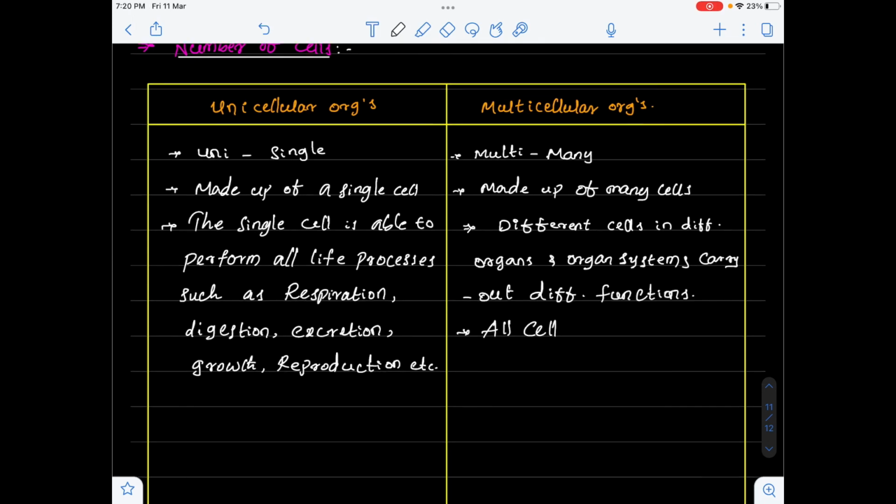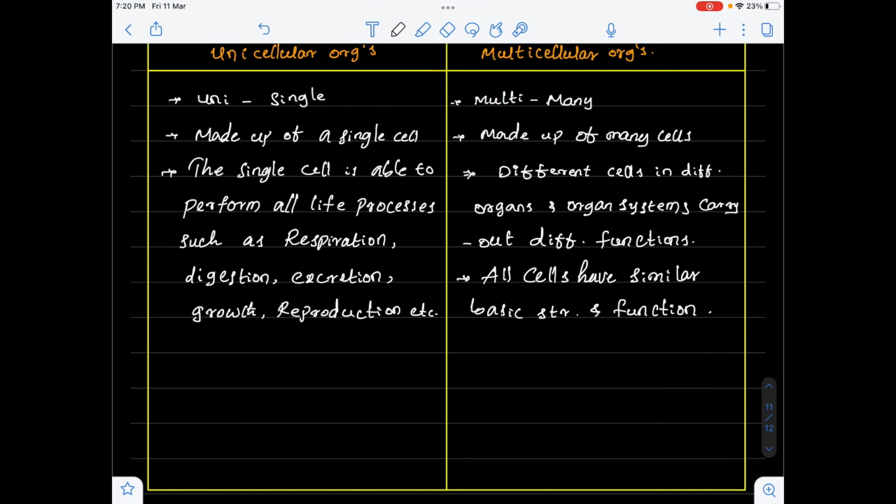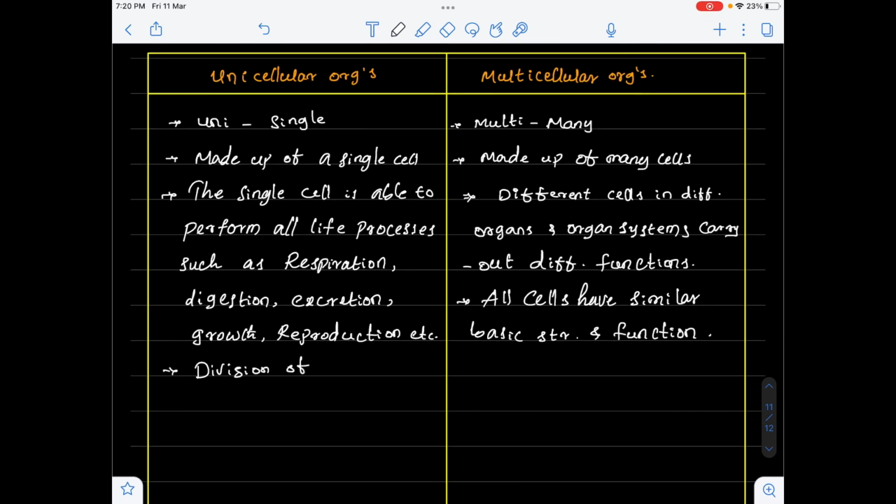Here we need to remember, in multicellular organisms all cells have similar basic structure and function. From this we can say that unicellular organisms do not show division of labor. In unicellular organisms, division of labor is absent because the whole organism is made up of a single cell, and that single cell is capable of carrying out all its life processes.